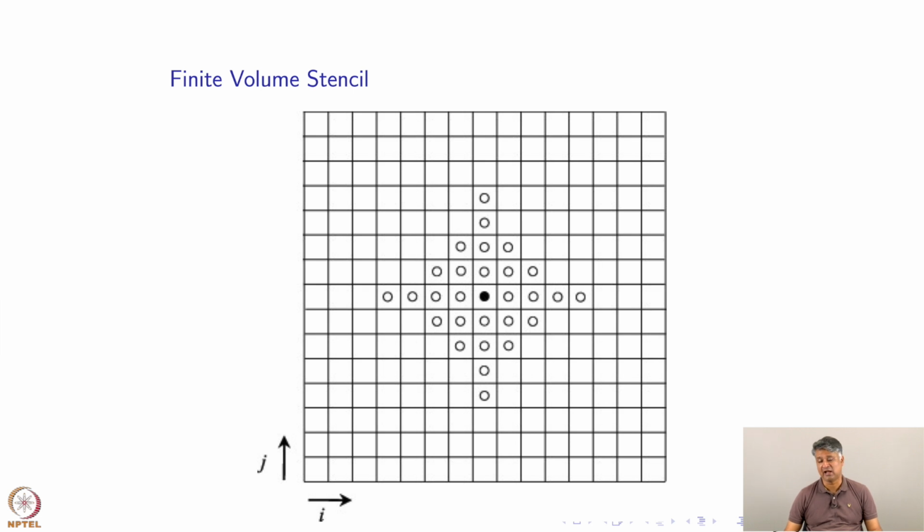That means it will have to do some sort of communication. In a distributed memory sense, it will have to do MPI sends and MPI receives, which we know are usually bottlenecks. The higher the order of accuracy that I need, the more communication I need to do. So this then causes problems with scalability.